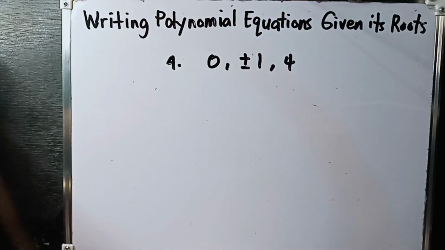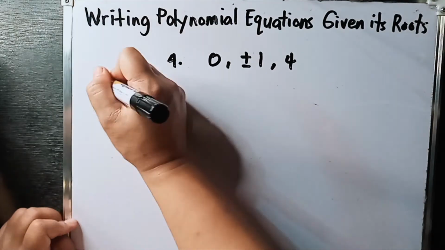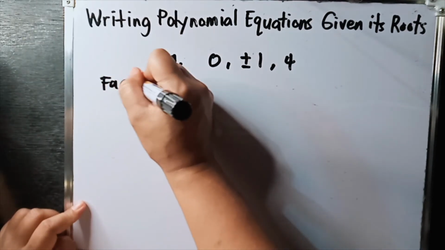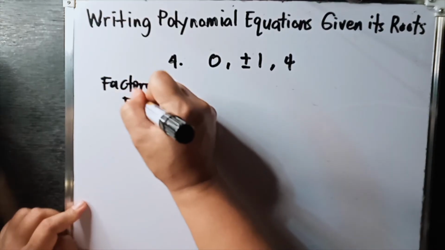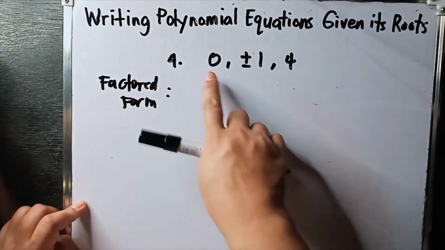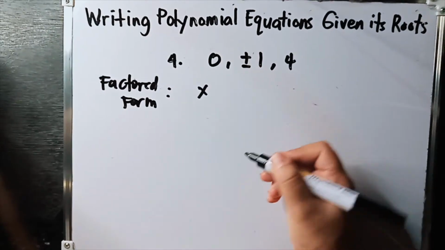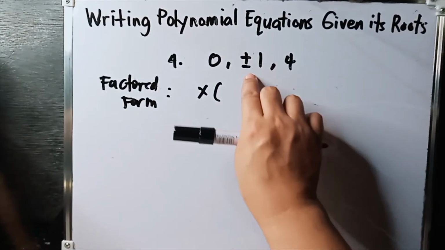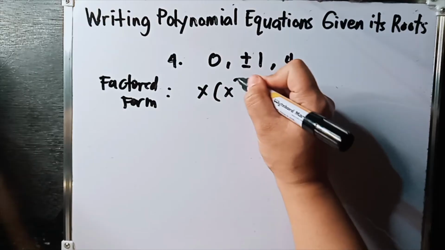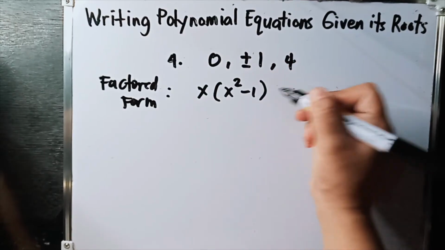Okay, let's proceed to example number 4. So factored form. Okay, if we have a root which is 0, it means that is x. And then, how about for this one, that means that is x squared minus 1.